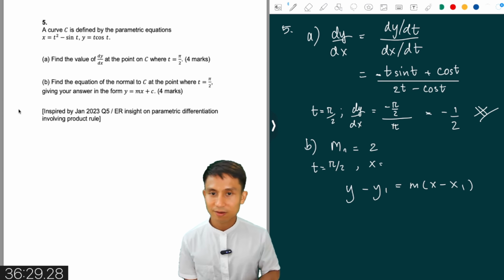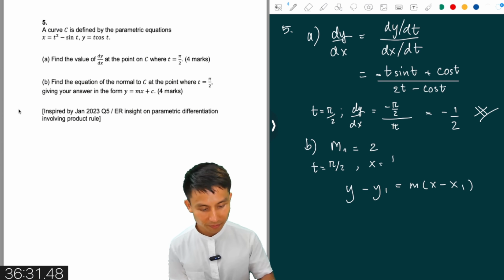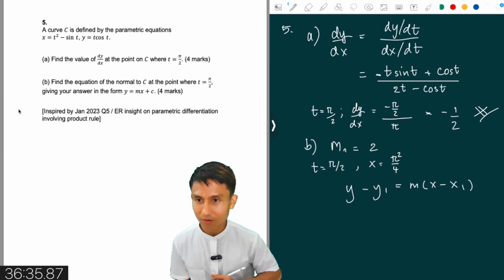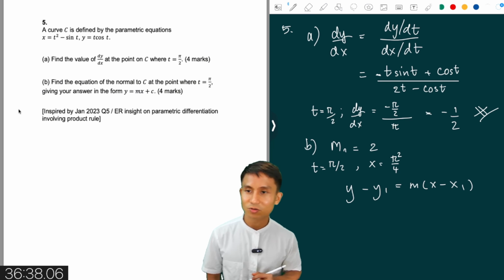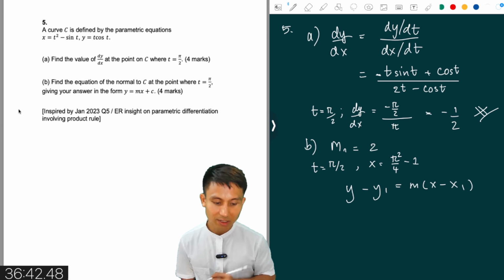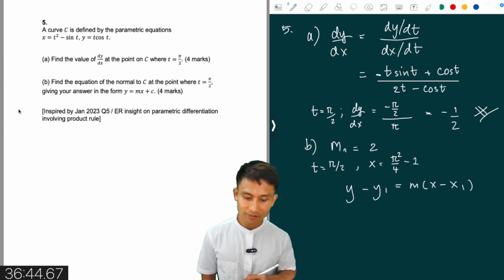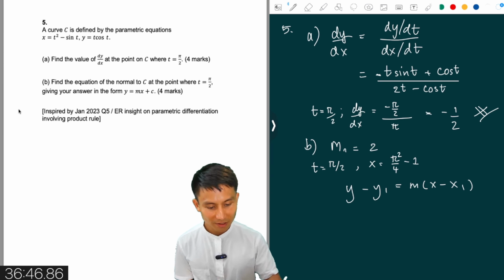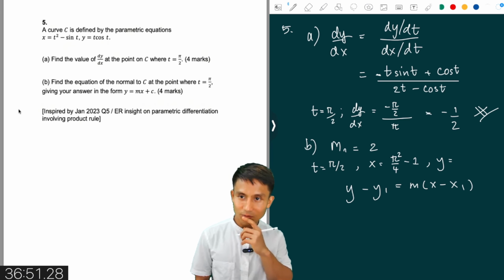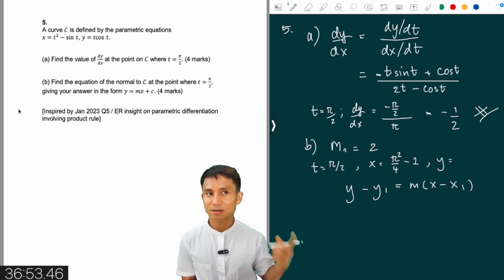T squared is pi squared over 4, because t is pi over 2. Sine pi over 2 is 1. So that's just pi squared over 4 minus 1. This is not going to look so nice. And then y would be equal to t cos t, so pi over 2 cos pi over 2. Cos pi over 2 is 0, so that is just 0 there.